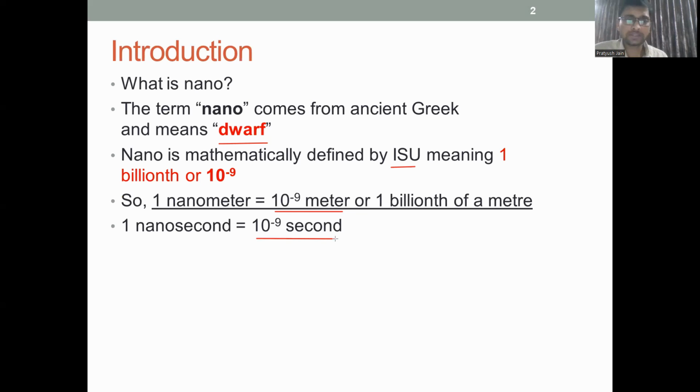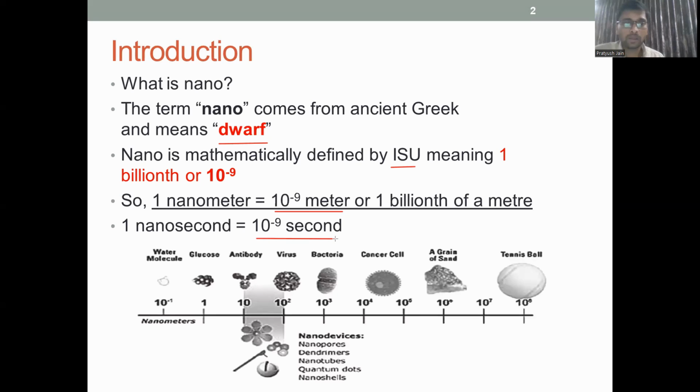If we try to understand how small 1 nanometer is, we can use this illustration below. One glucose molecule is about 1 nanometer in size. Compare that to a virus. A virus is about 100 nanometers in size. A bacteria is about 1000 nanometers in size.